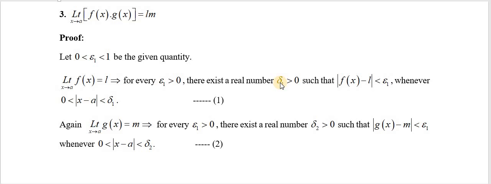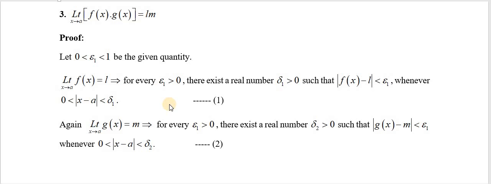Similarly, limit x tends to a, g of x equal to m implies for every epsilon 1 greater than 0, there exists a real number delta 2 greater than 0 such that modulus of g of x minus m is less than epsilon 1, whenever 0 less than mod x minus a less than delta 2.